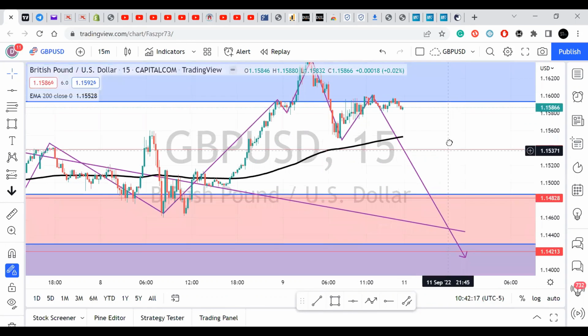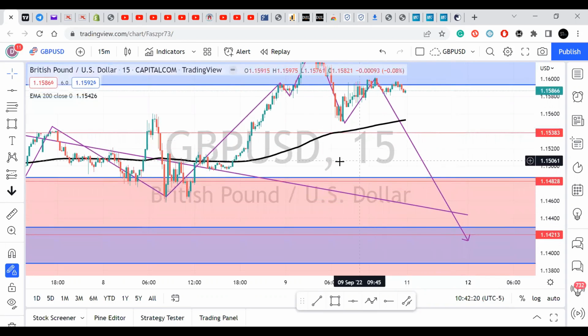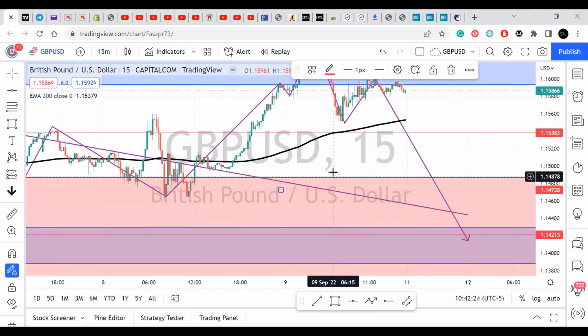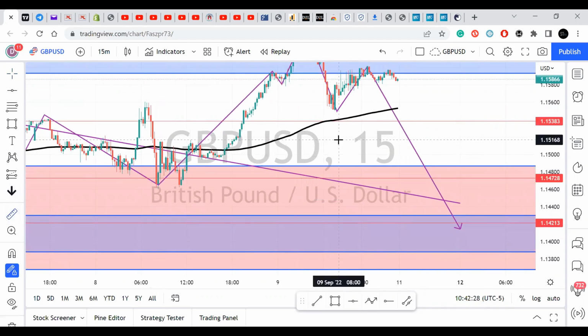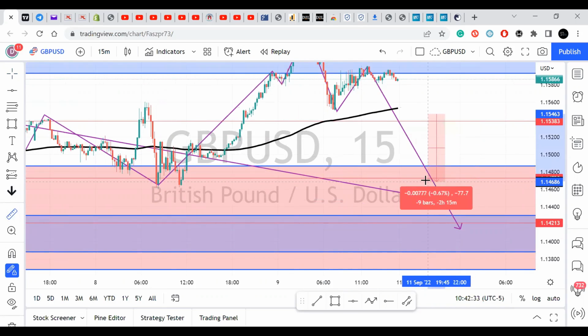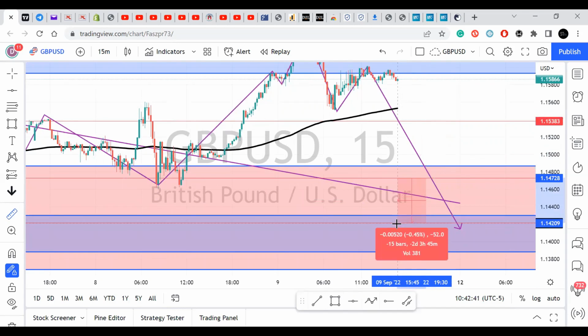So if I have this sell stop, if I personally have this sell stop, I'll be targeting this low. I'll be targeting here as my TP1. So from this base here, at least 70 pip, then if that hits, the next one will be this one.